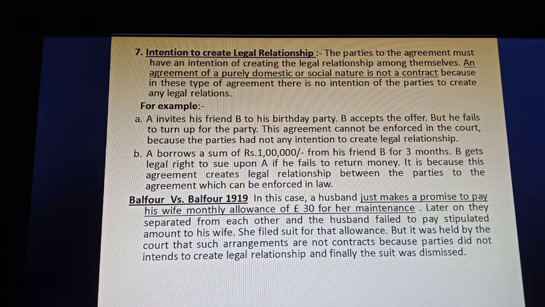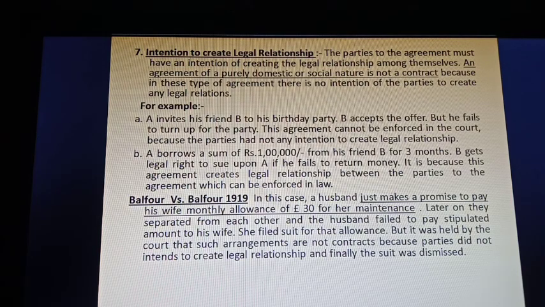Let us take a case study. It is the case of Balfour versus Balfour, 1919. In this case, a husband just made a promise to pay his wife a monthly allowance of £30 for her maintenance. Later on, both husband and wife separated from each other, and the husband failed to pay the stipulated amount to his wife.